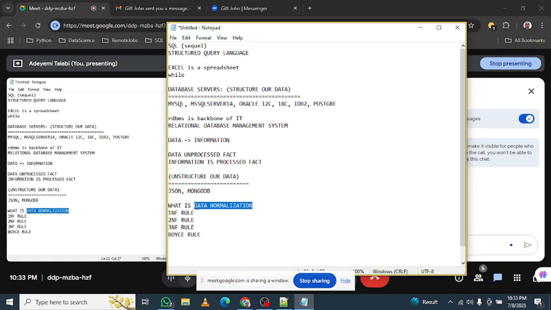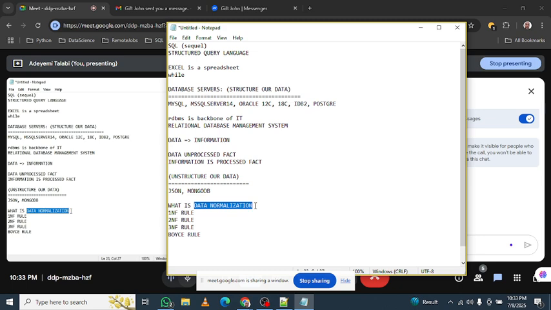So I said that this is a very important concept that you need to know when working with database management or working with SQL. This is the backbone of data itself.